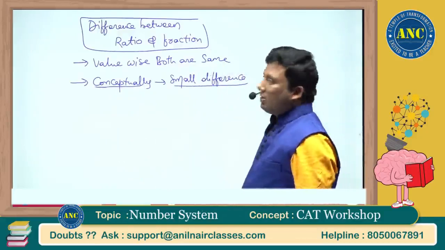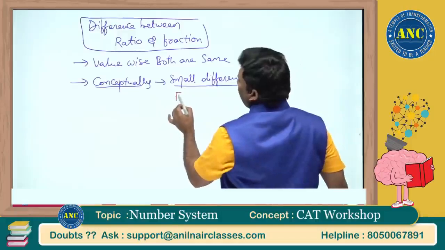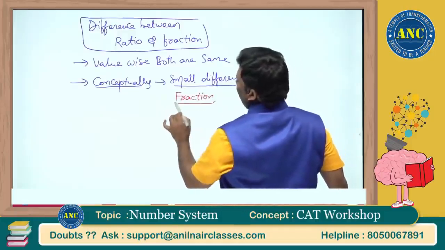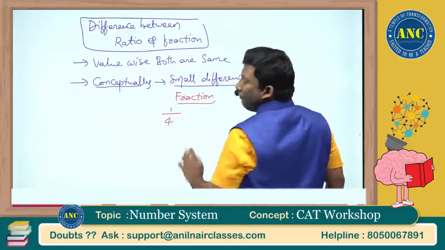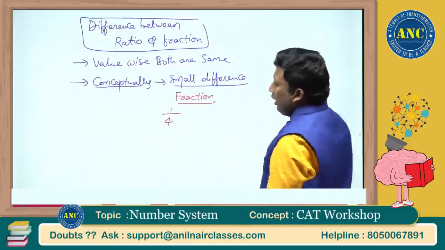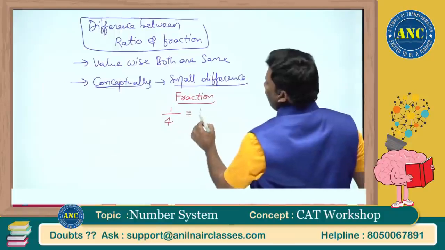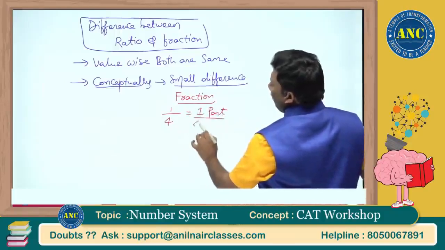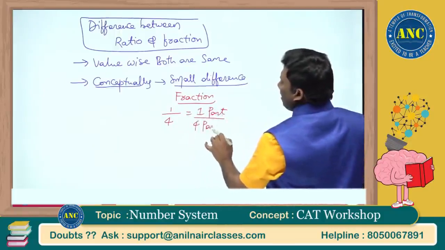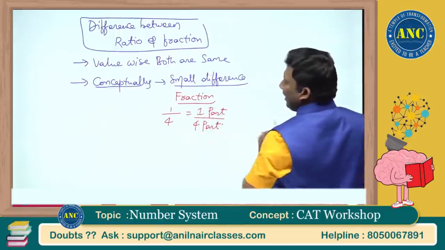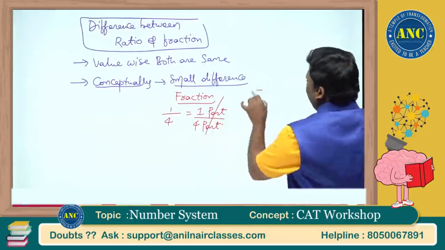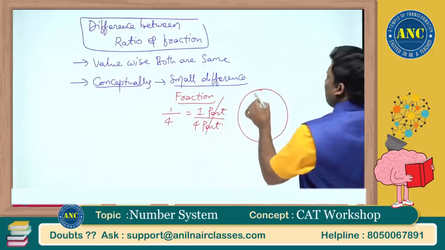What is the difference? If I say fraction, if I say 1 by 4, the meaning of this 1 by 4 is I am taking one part out of 4 parts. There is a pizza.